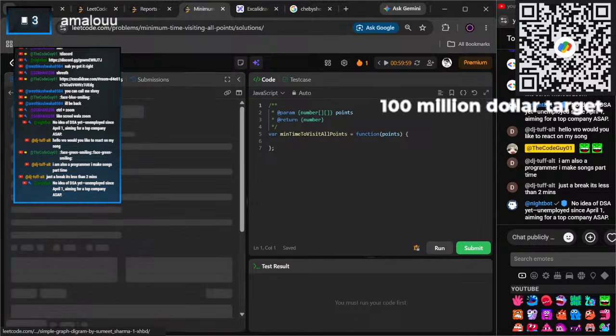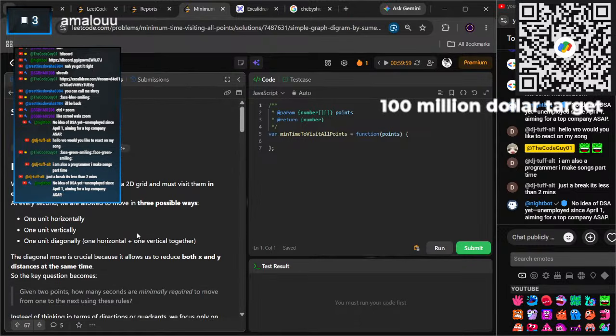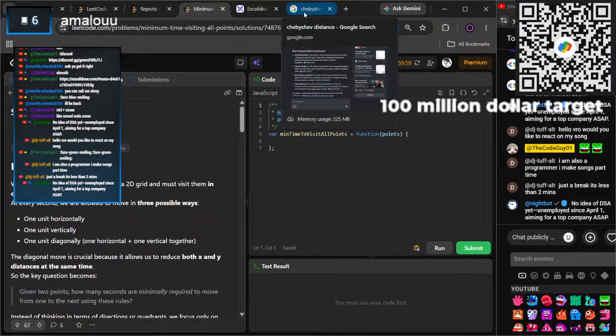Then why did it take a lot of time to do this? I could not even come up with a solution. Never saw Chebyshev. Chebyshev distance.